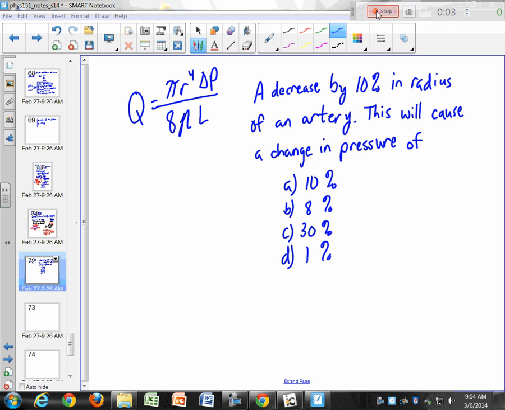This is sort of the overall blood pressure. I have a decrease of 10% in the radius. How does it change the pressure? Or by what amount does it change the pressure? 10, 8, 30, or 1%?